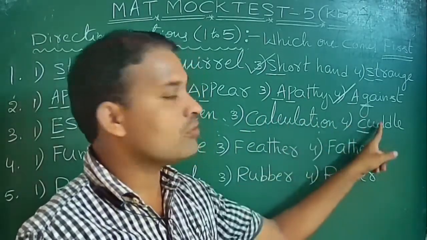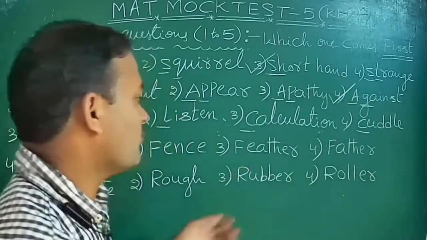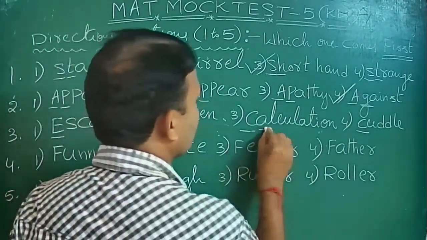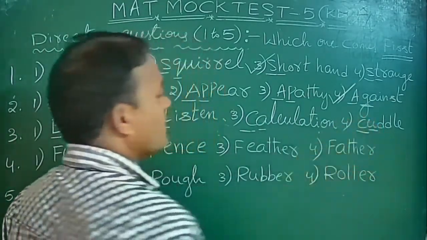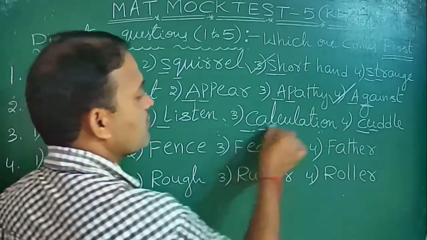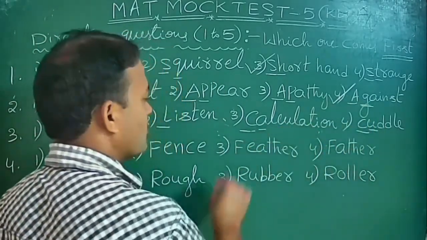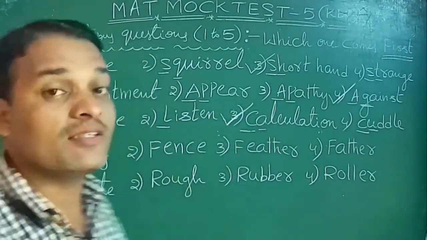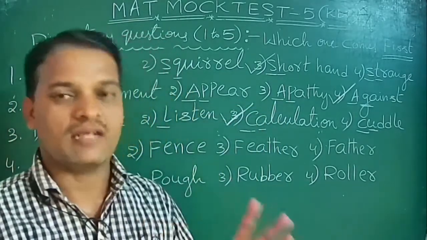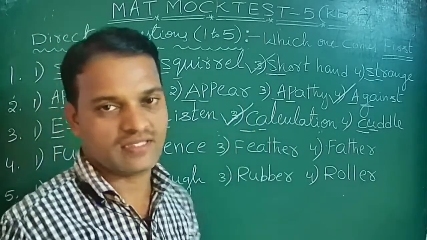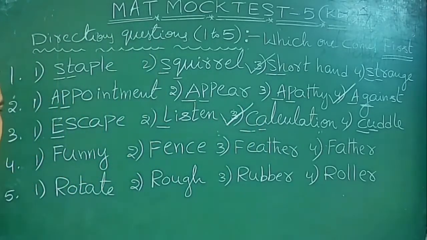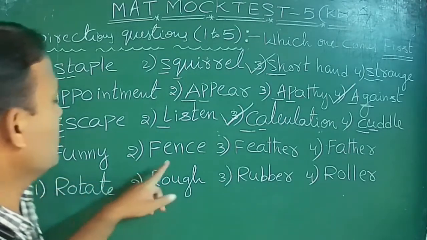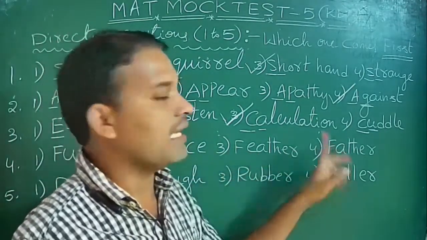To decide which comes first, go for the second letter: here A, here U. A is 1, U is 21. So A is the least letter, and the third option comes first in the third question.